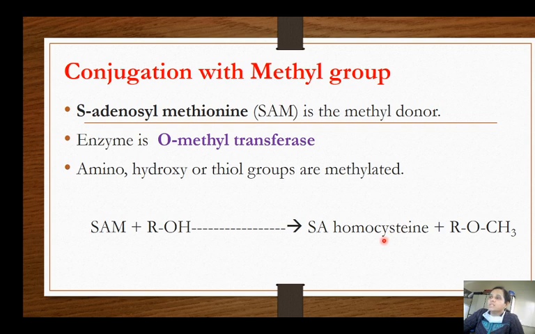Homocysteine takes a methyl group from methylcobalamin and methionine is formed. Once again, the methionine will form S-adenosyl methionine. In that way, the cycle will go on. So, the methyl group is donated by S-adenosyl methionine, and the conjugation process is catalyzed by the enzyme O-methyl transferase, and in this way the methylated xenobiotic is formed.